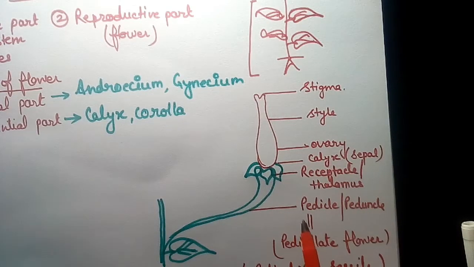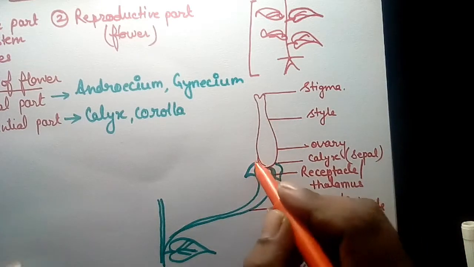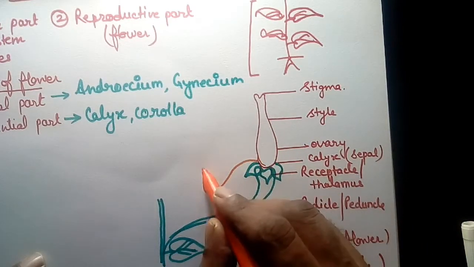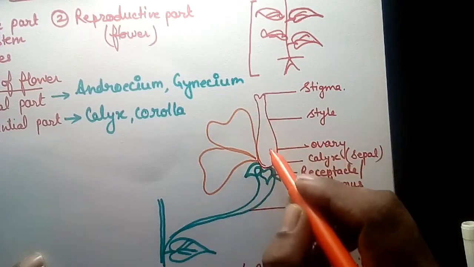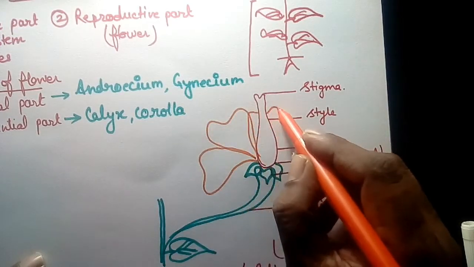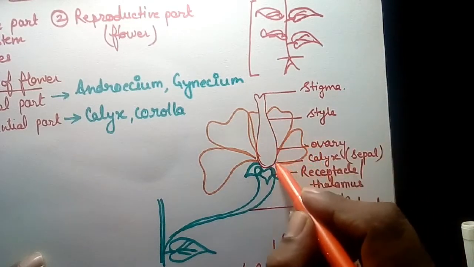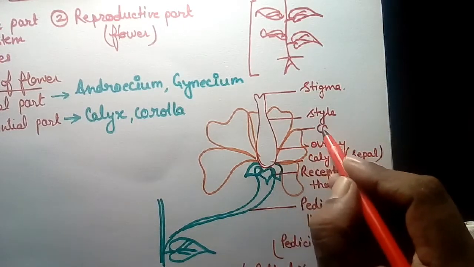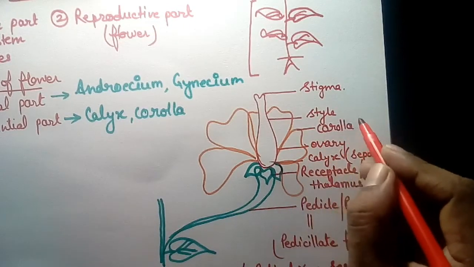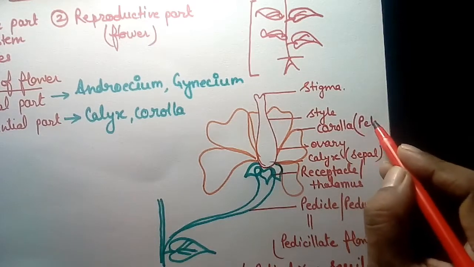The other part of the flower is the corolla, like this. So this part is called corolla, and the individual unit is called petal.